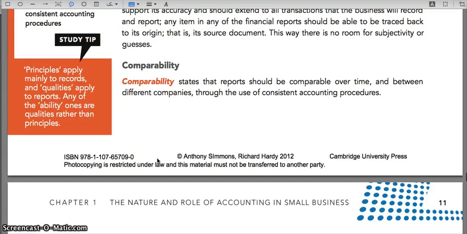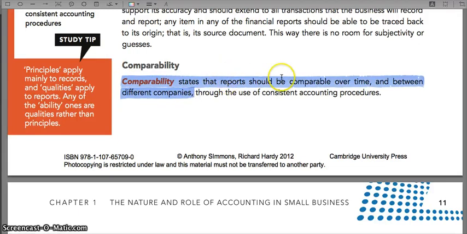Second last one we've got here is the comparability concept or characteristic. Now this basically means that, again, we just need to be able to compare reports between different companies and obviously between reporting periods for the same company.